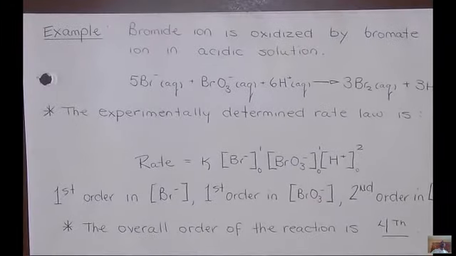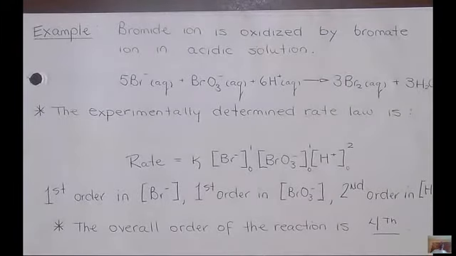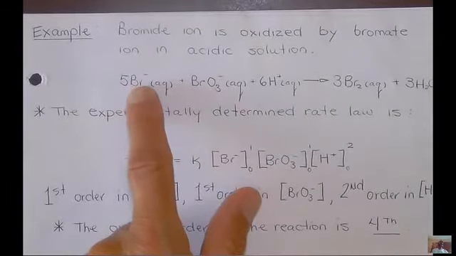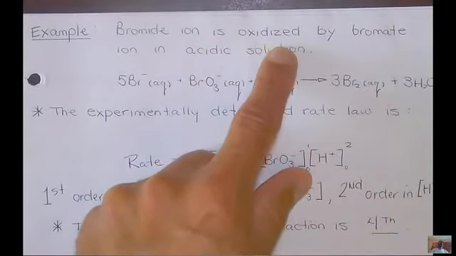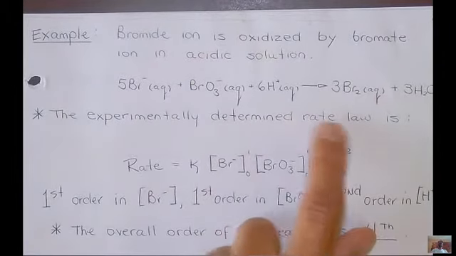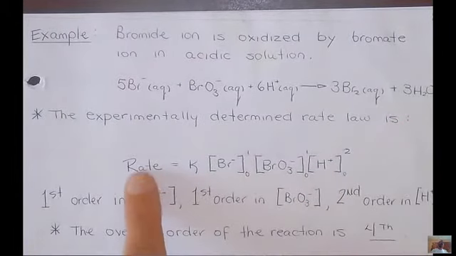Example. Bromide ion is oxidized by bromate ion in aqueous solution. The experimentally determined rate law is the rate of the reaction.